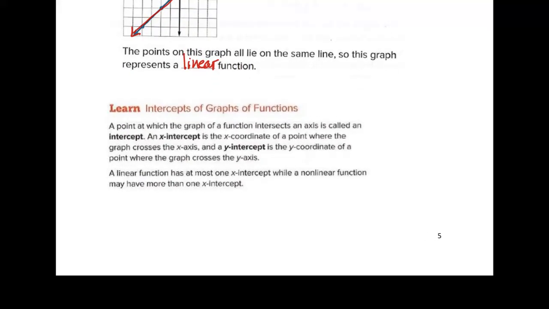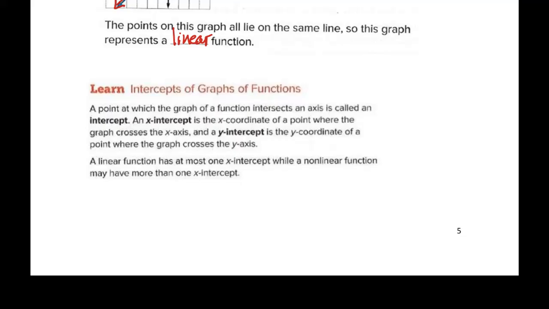Intercepts. How many of you have heard of intercepts before? Okay, so the point of the graph where the function intersects the axis is called an intercept. The x-intercept is going to intercept the x-axis, and that x-intercept is the x-coordinate of that point.